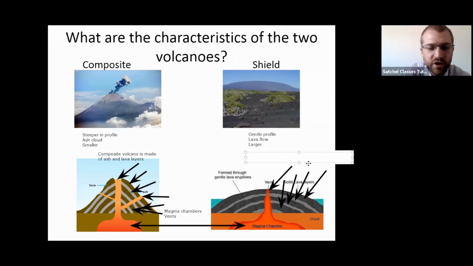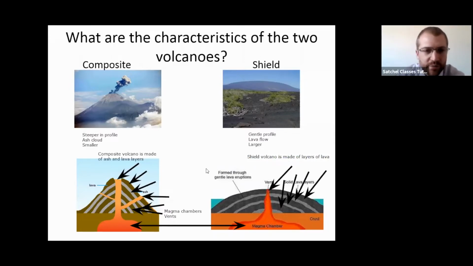In terms of the shield volcano, a shield volcano is made of layers of lava. So that's a key difference there. You'll get layers of lava and ash for the composite, and you'll get layers of lava for the shield volcano.